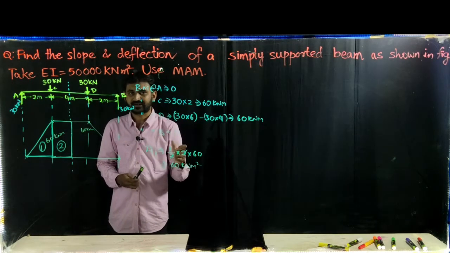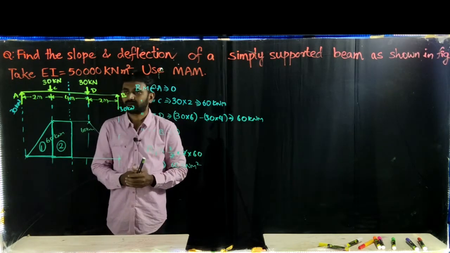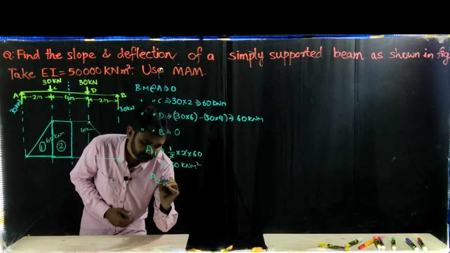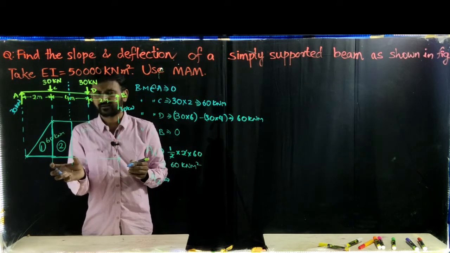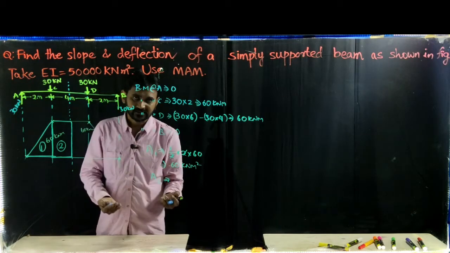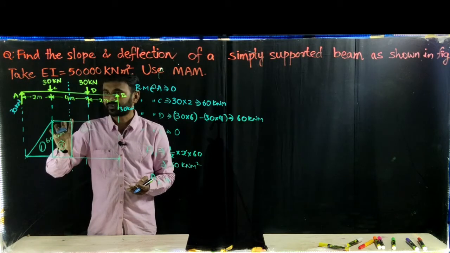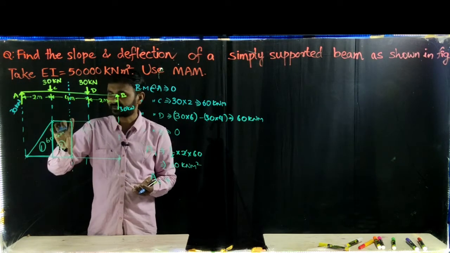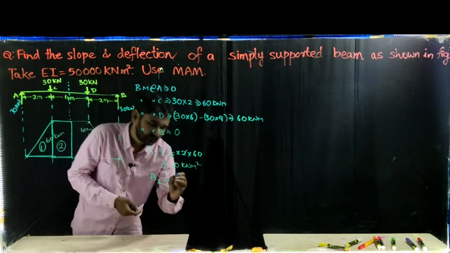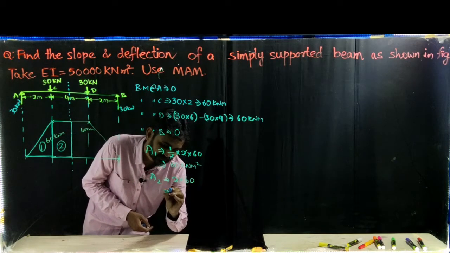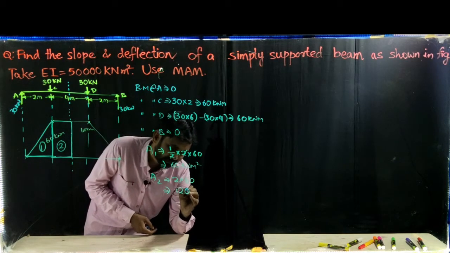Similarly, you have to calculate for the rectangular portion also. That is A2. What is A2? It's a rectangle. What is the formula of the rectangle? Length into breadth. So the length will be 2 meters and the height is 60, the same height. So 2 into 60. So this is 120 kilonewton meter square.